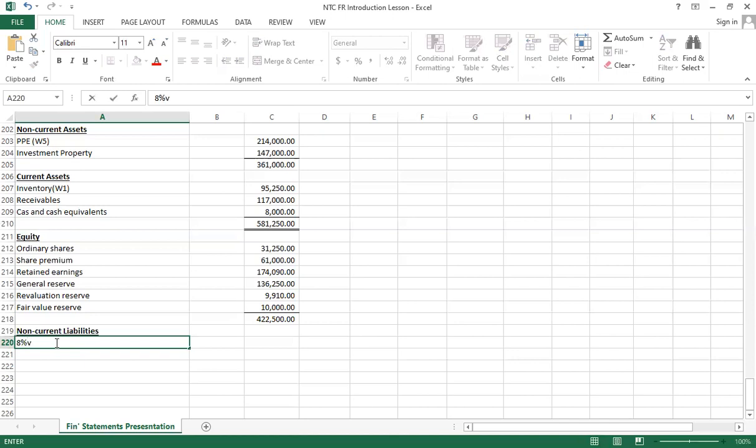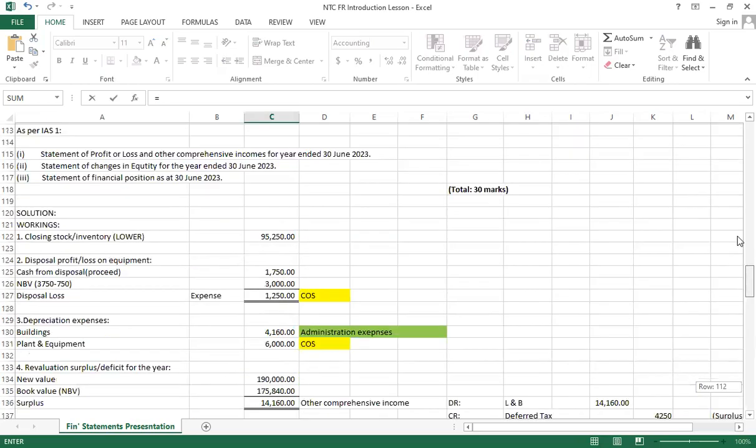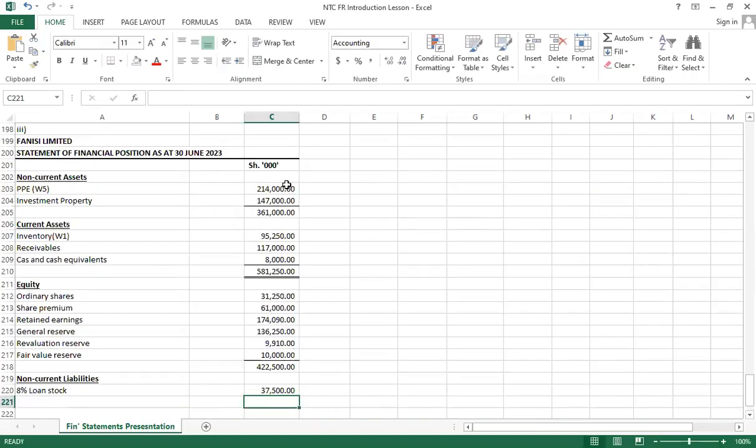It's obviously the first one. And how much was the 8% loan stock? When I go to the trial balance, the 8% loan stock is this 37,500.